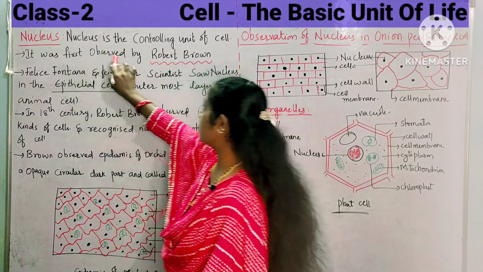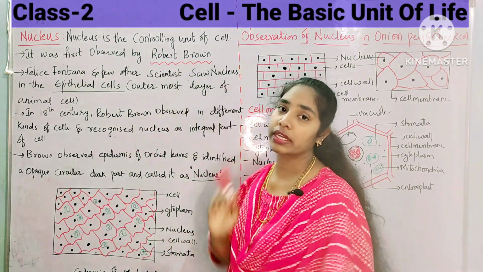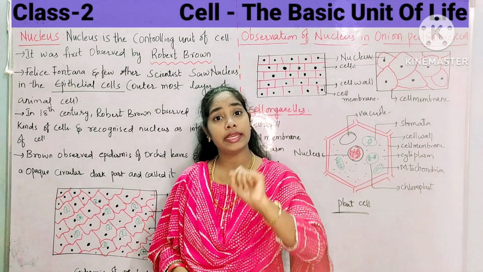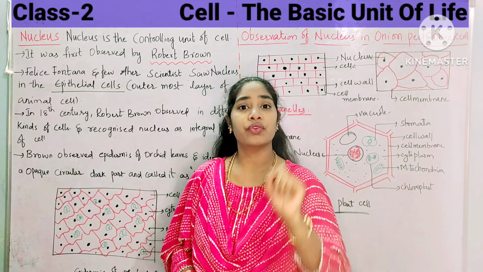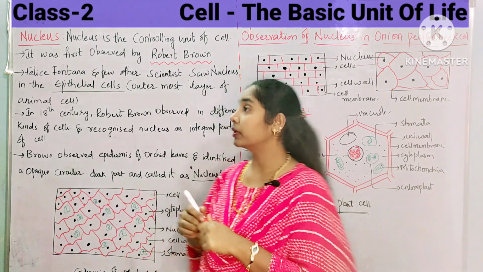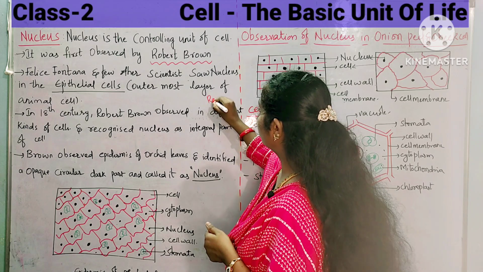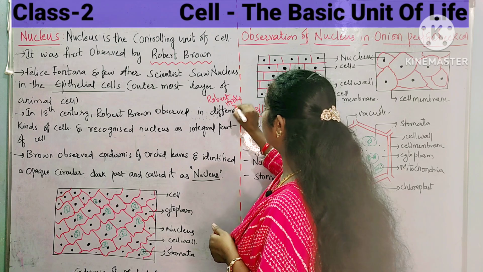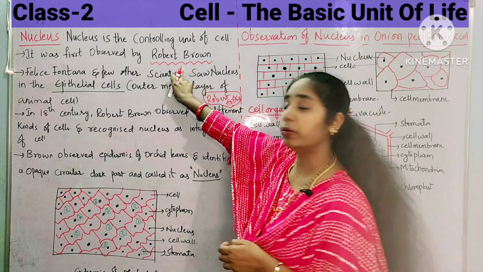Next, it was first observed by Robert Brown. Please don't forget this name, Robert Brown. In the earlier class when I was telling about the cell, it was first discovered by Robert Hooke. There the person's name is Robert Hooke, right? But here it is Robert Brown.